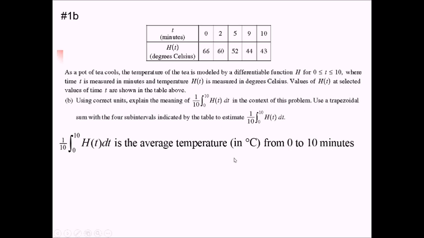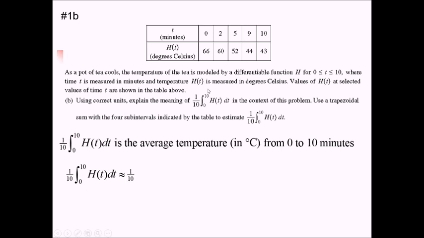Now we have to actually estimate that using a trapezoidal sum. So I'm going to have that this integral is approximately equal to 1/10 times, and now I have a big parentheses with a whole bunch of trapezoid areas. Each trapezoid area is base 1 plus base 2 over 2 times a height.